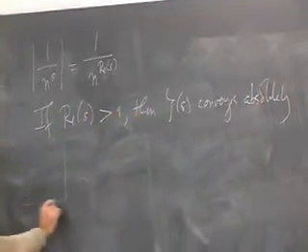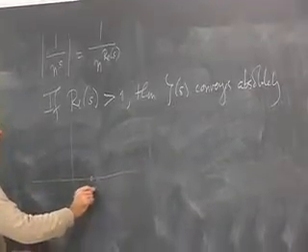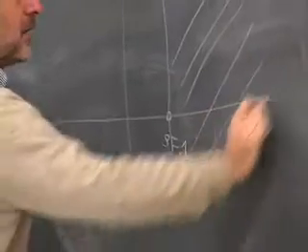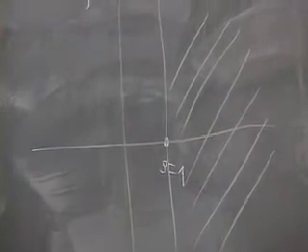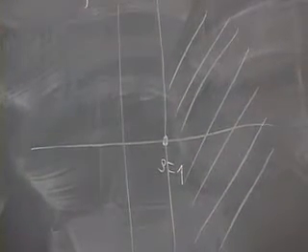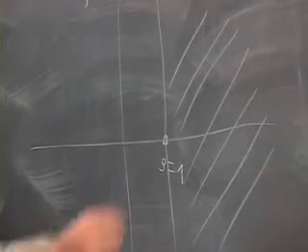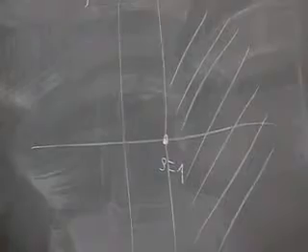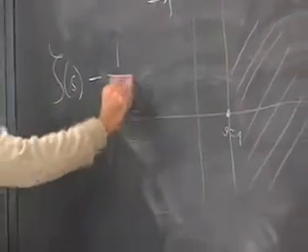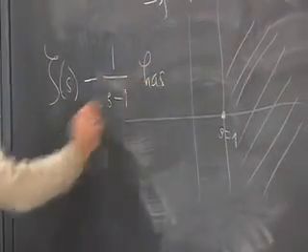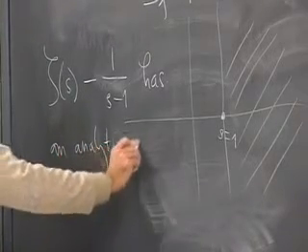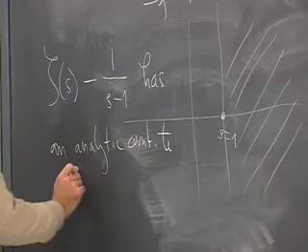And so to draw a picture of the complex plane, here's the point s equal 1. And in this area of the complex plane, we have a well-defined function. And what Riemann first proved was that there was a pole of that function at s equal 1. So Riemann proved that zeta of s minus 1 over s minus 1 has an analytic continuation to the entire plane.